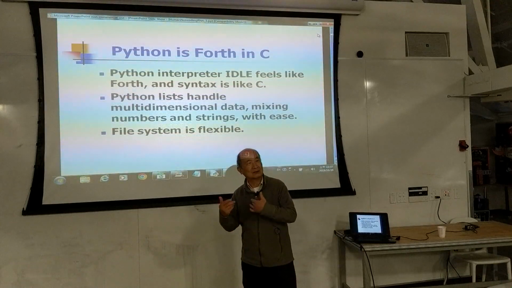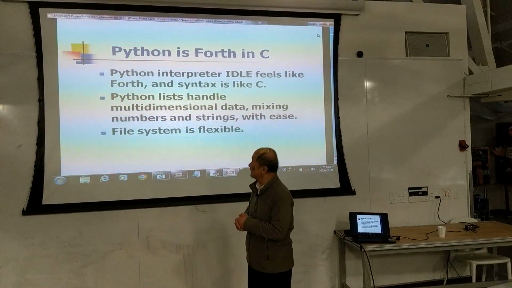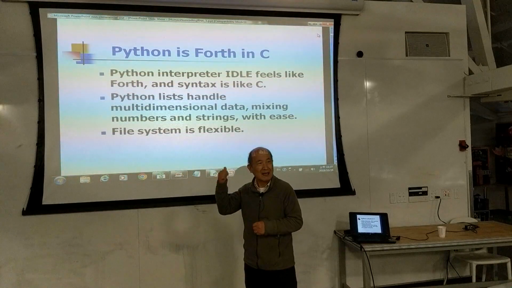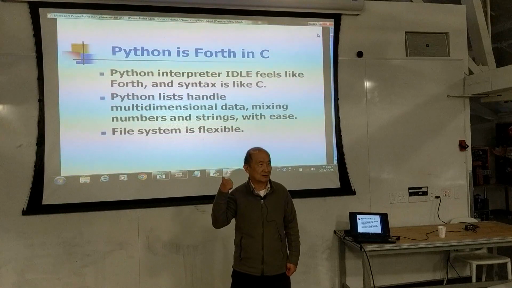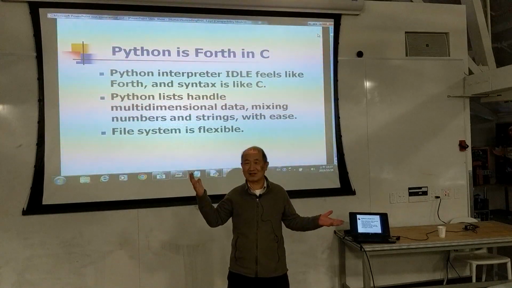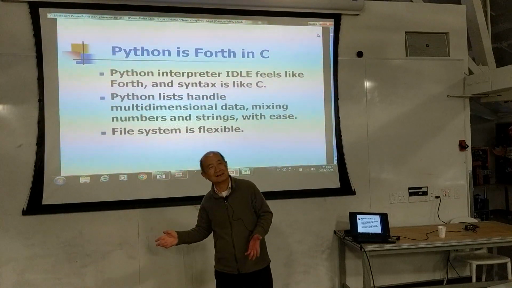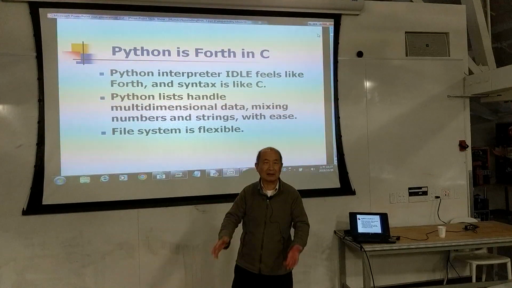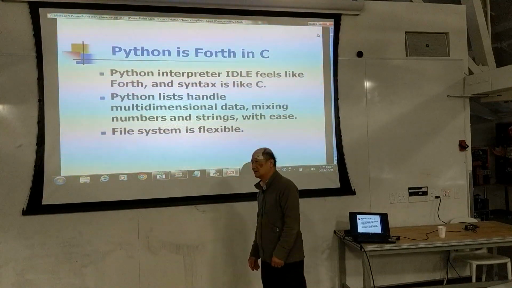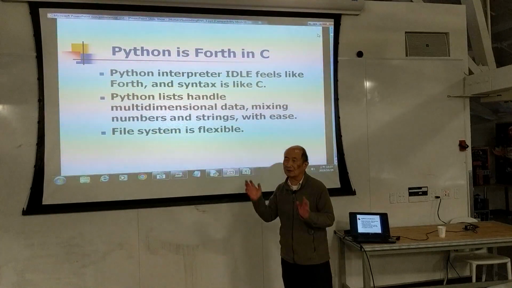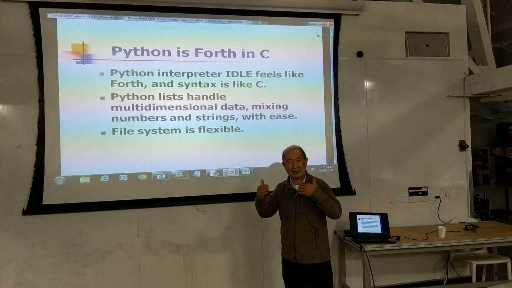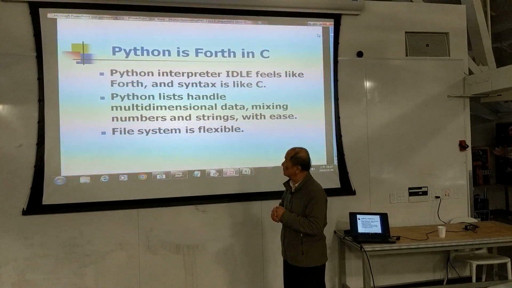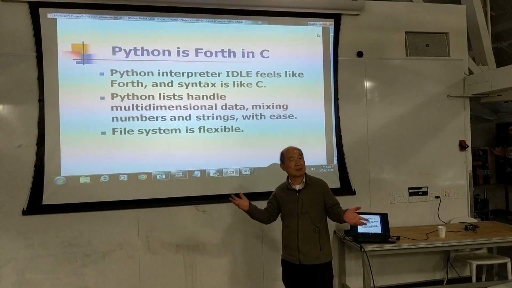Python puts a result just on top of the stack, so if you do anything, it will print out the result, or most likely some status or some result. If you do 1 + 3, it would display 4, just like Forth.